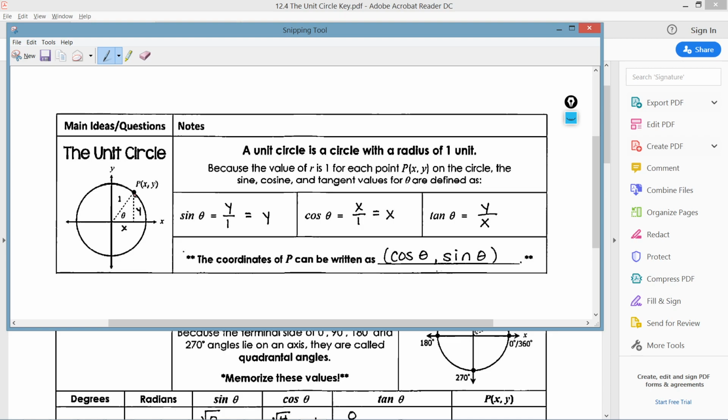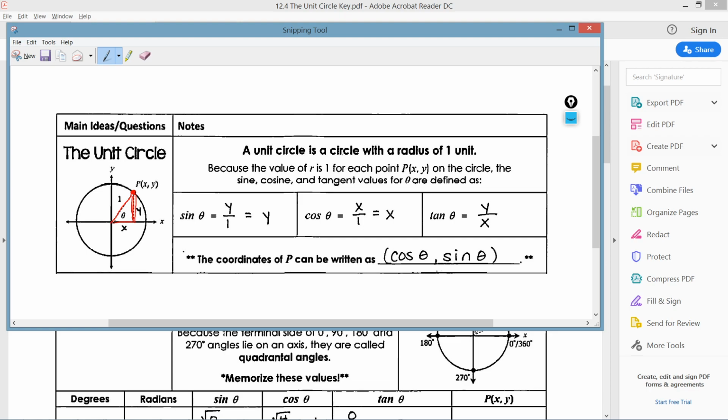Okay, and since this triangle is made from you going out in the radius to some point on the circle's circumference and then going straight down, this point right here can be written as a combination of the x component and the y component, right?